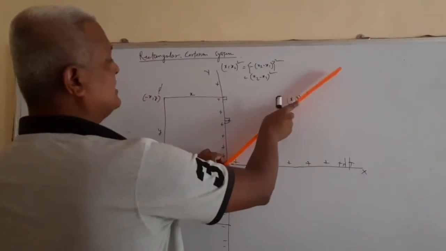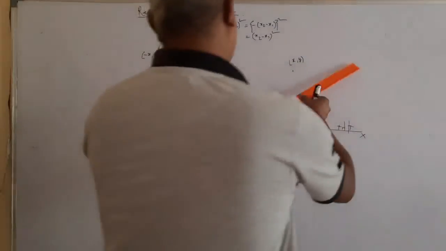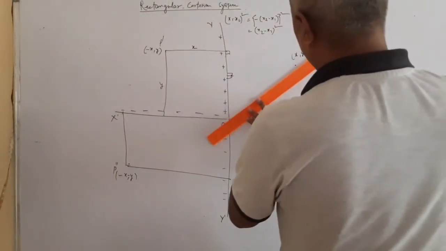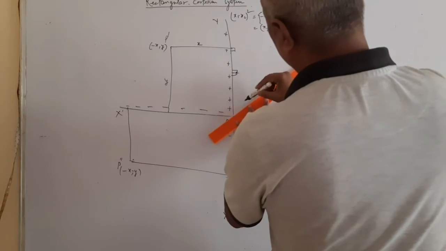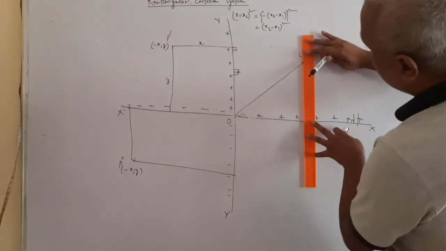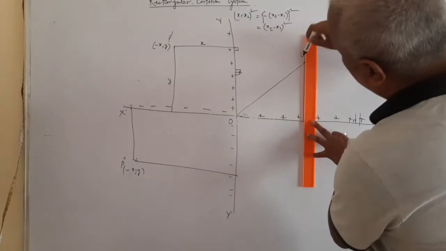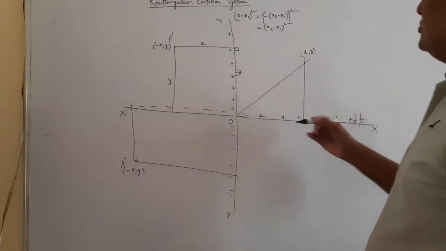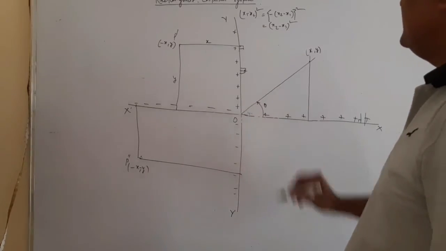Because angles are always measured anti-clockwise, I will have my line joining the origin and the point. It goes like this, and then from here I drop a perpendicular, and here it comes like this. So this angle, since angles are measured anti-clockwise, I call it theta.